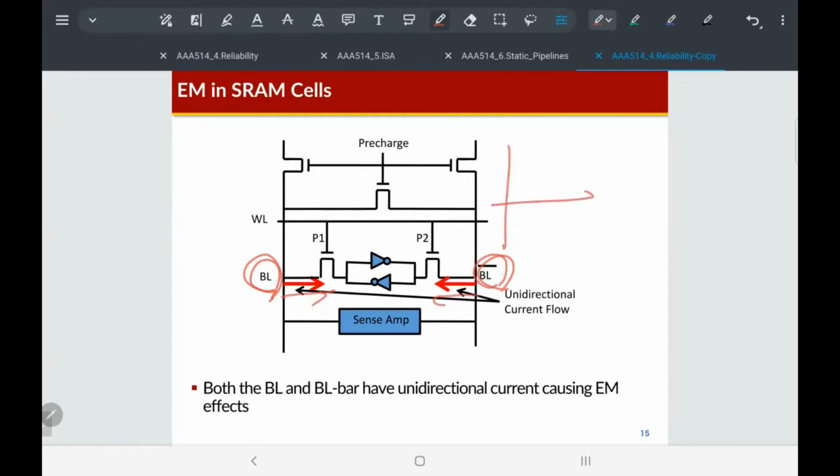If we compare the current level and direction of the electric current for this line, we can find that the current looks like this, and it's a very short time here. For this direction, more current flows for a longer time, which may cause electromigration in the SRAM cell. Due to the electromigration, the circuits can be broken.